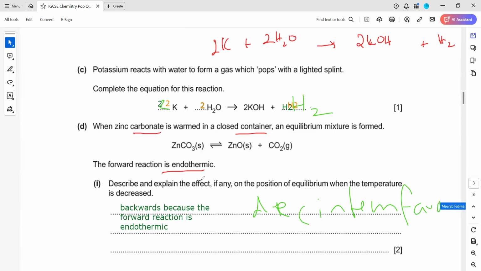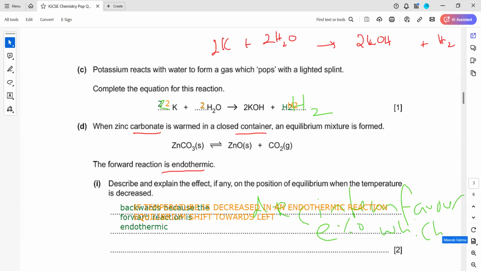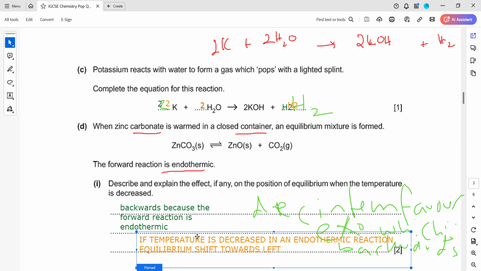If it's an endothermic reaction, and we are increasing the temperature, and we are decreasing the temperature. So if we decrease the temperature, the equilibrium or the balance will shift towards the left-hand side.